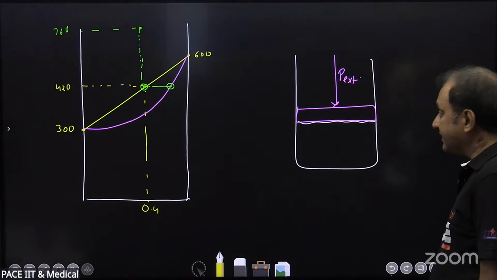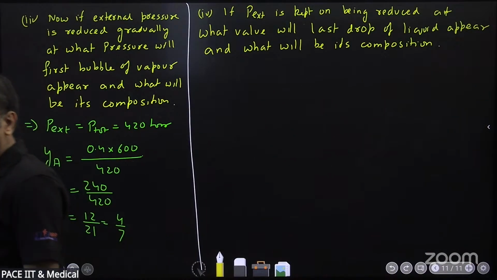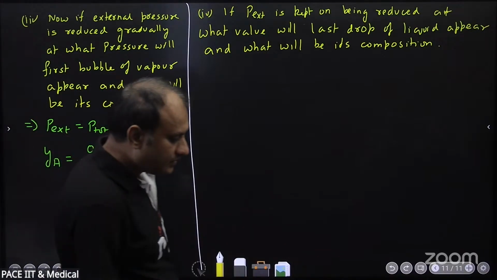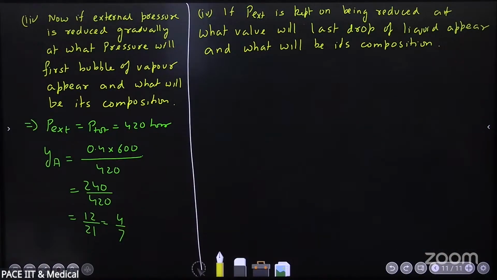Now this part is asking us that if we keep on reducing external pressure in this way, at what value of external pressure will the last drop of liquid appear? Means almost all liquid has evaporated.